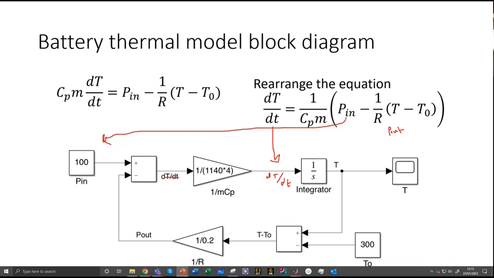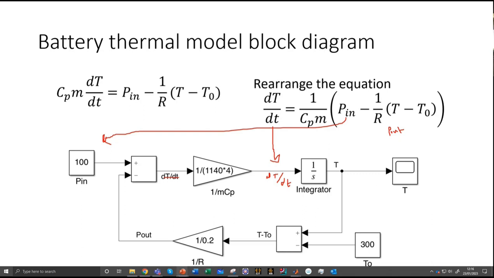And if I integrate that, which is 1 over S in the Laplace transform, gives me temperature. And of course, I can use that to subtract from T naught and then implement the rest. It's just really rearranging the differential equation, translating it into a graphical model, which is a transfer function model.